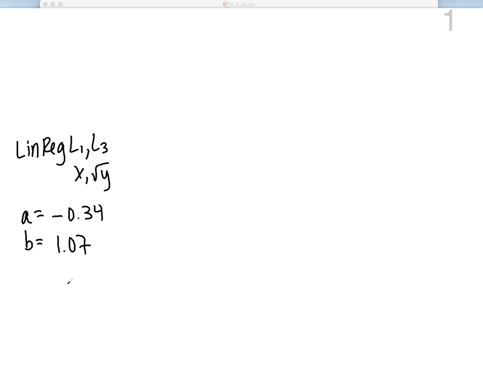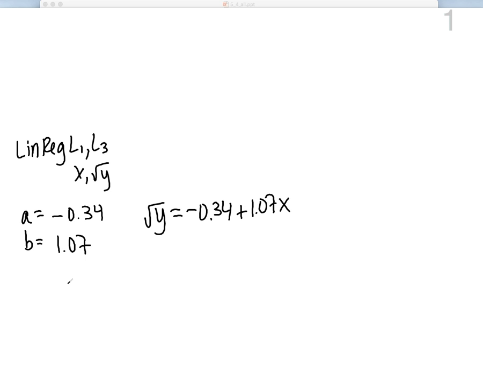So, writing this equation. This is the equation between x and root y, not between x and y. So your equation would be root y equals a plus bx, so root y hat equals negative 0.34 plus 1.07x.